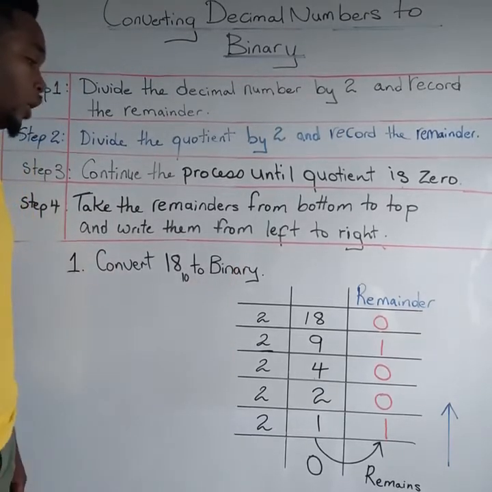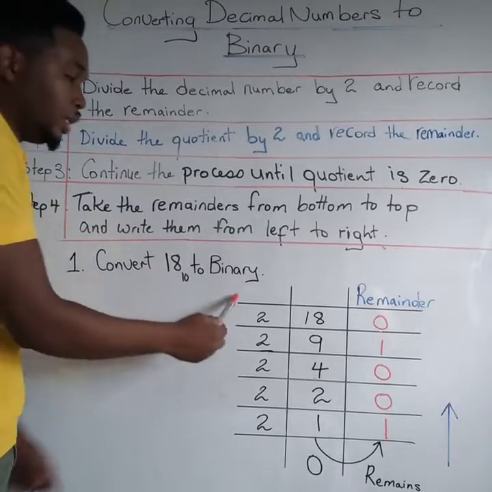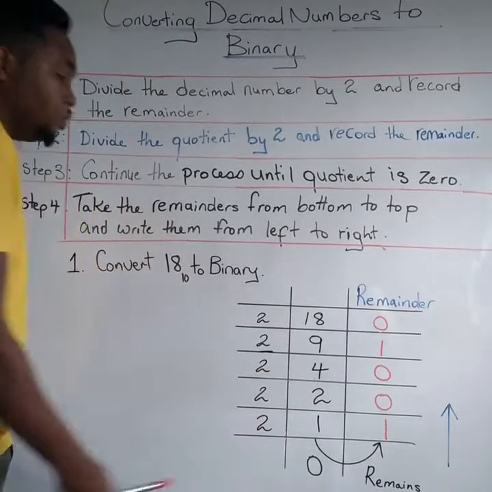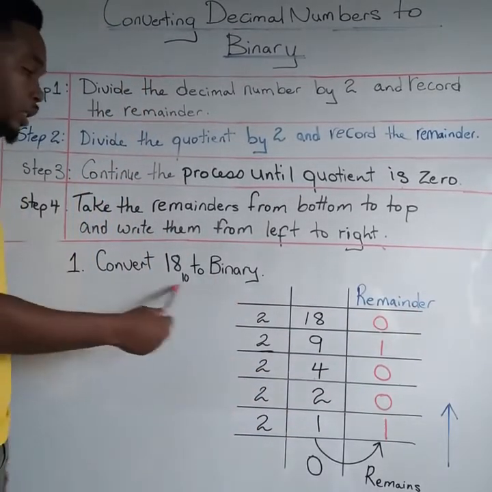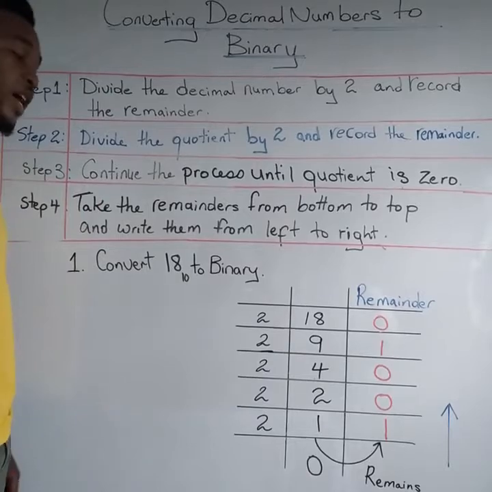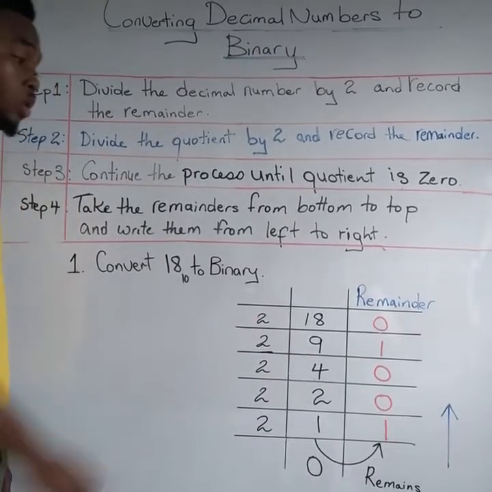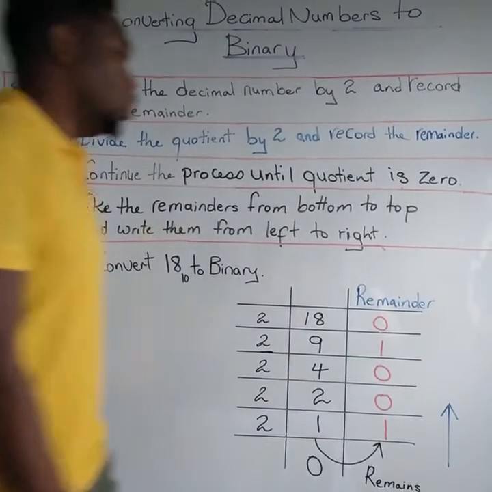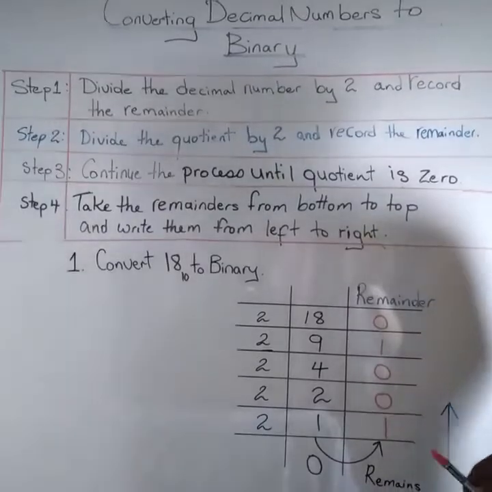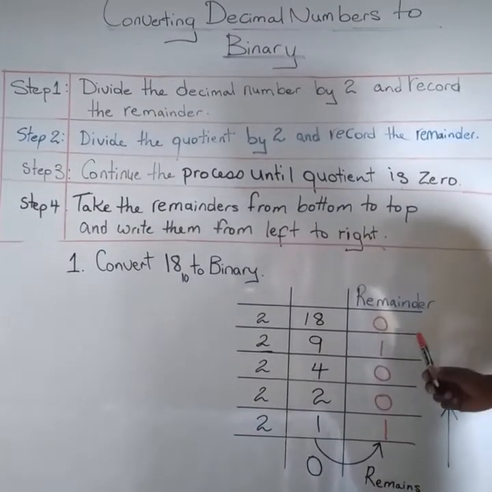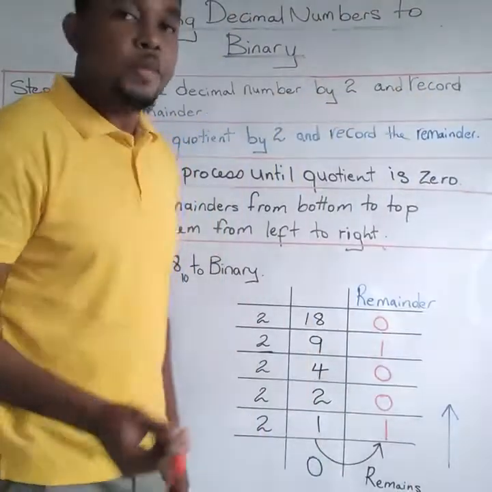So let us look at how we convert. We're making a simple table here. We represent the 18 and divide it by 2, and then we look at the remainder.